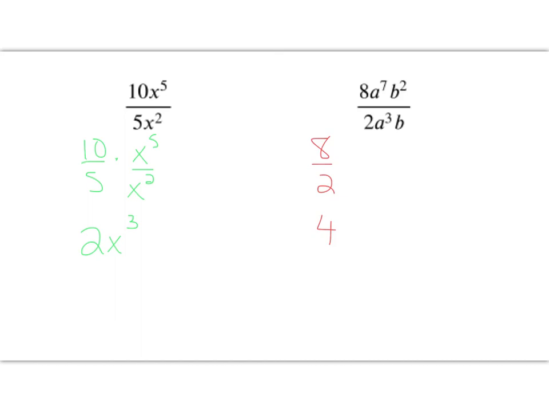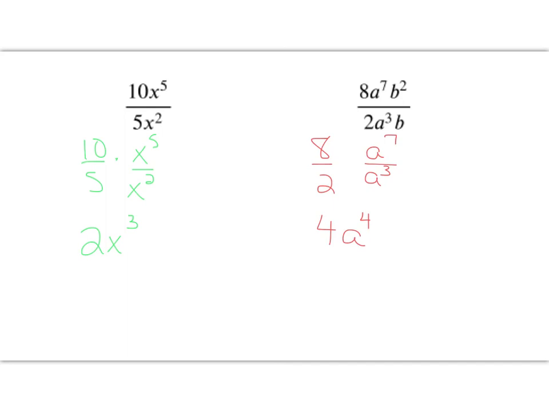Now I want you to look at the a's. Tell me what the new exponent for a is going to be. It's a to the seventh divided by a to the third, and 7 minus 3 is 4. So my a should be a to the fourth.